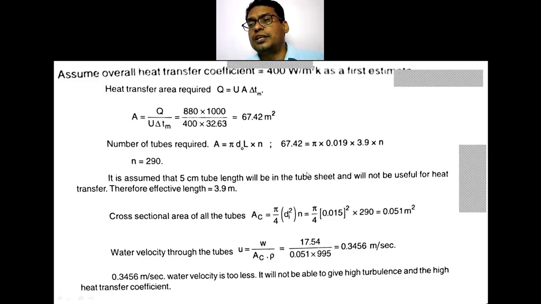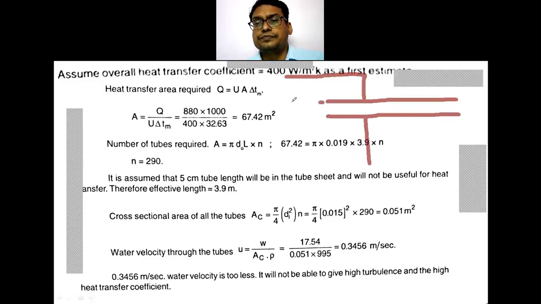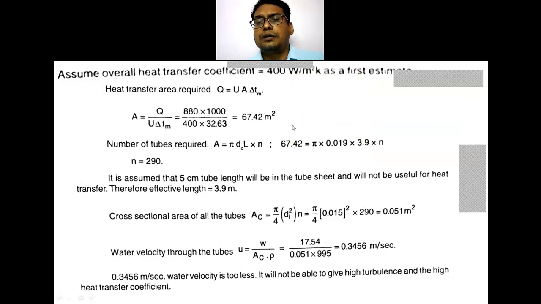So out of this 4 meter, the tube sheet thickness comes as the 5 centimeter.